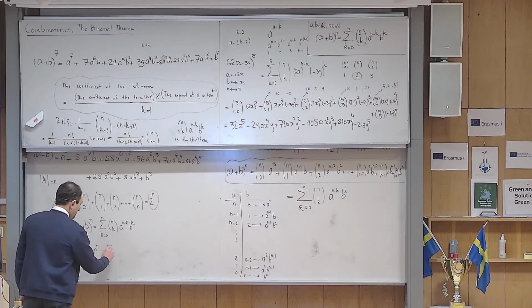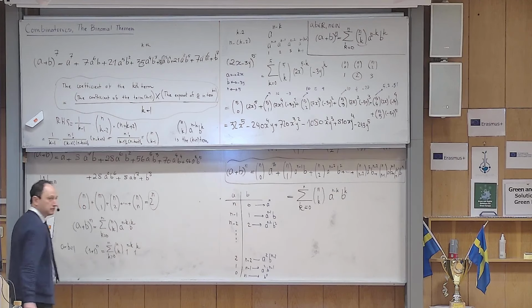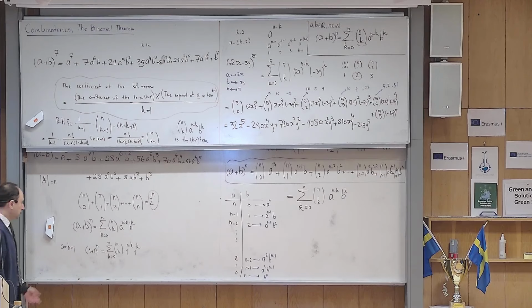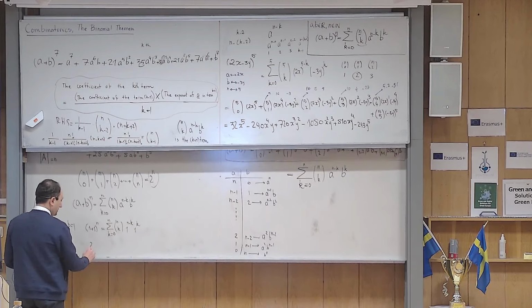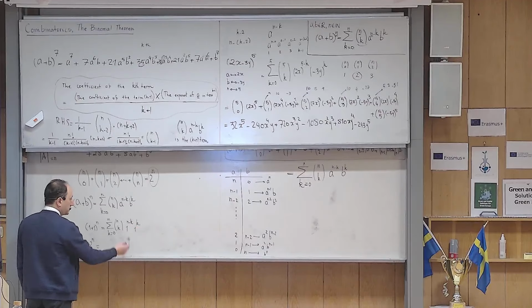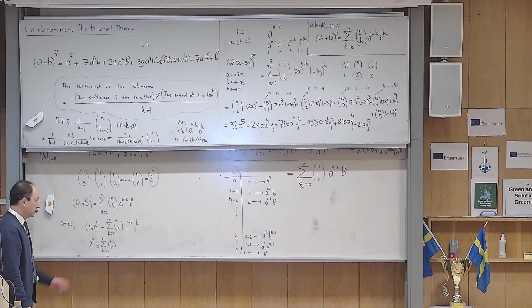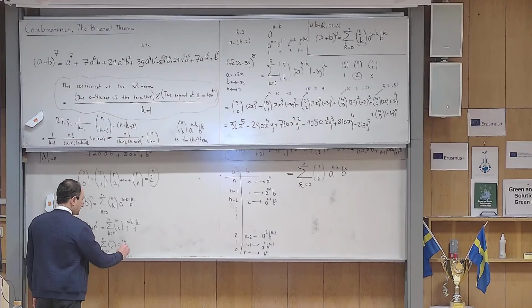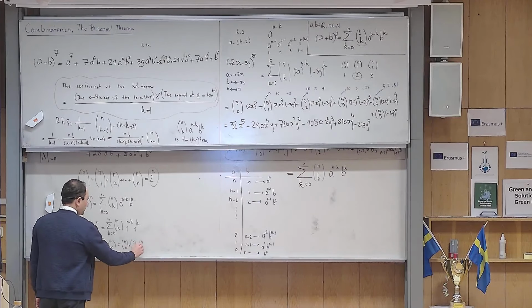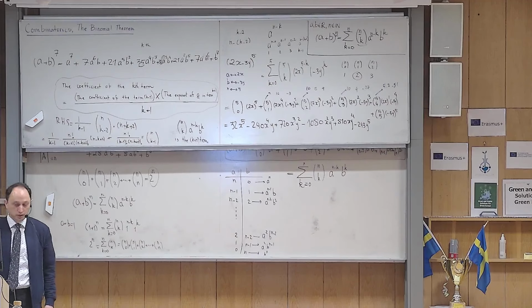The right-hand side becomes sigma k goes from 0 to n, n choose k, 1 to power n minus k, 1 to power k. But of course, 1 plus 1 to power n is nothing except 2 to the n. And 1 to power n minus k is 1, 1 to power k is 1, so it becomes sigma n choose k, k goes from 0 to n. And if you expand this, it becomes n choose 0 plus n choose 1 plus n choose 2, and it continues until n choose n. So that's the proof.